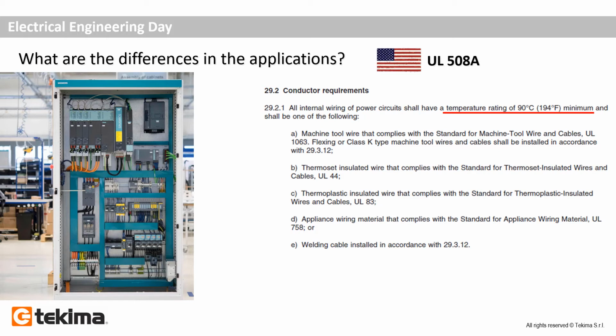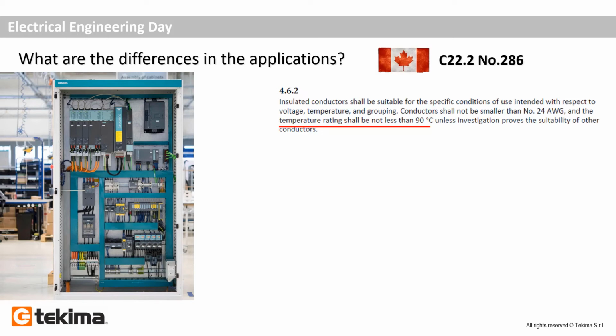Minimum temperature rating 90 degrees. Machine tool wire that is listed cable, or AWM cable that is recognized cable, for internal wiring. Same thing for Canada, where the 90 Celsius rating is mandatory too.